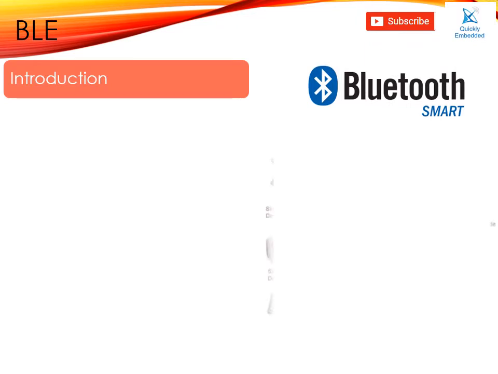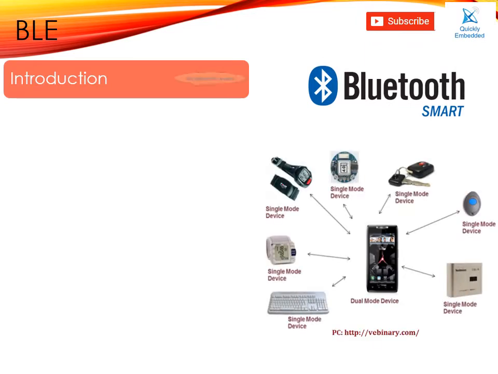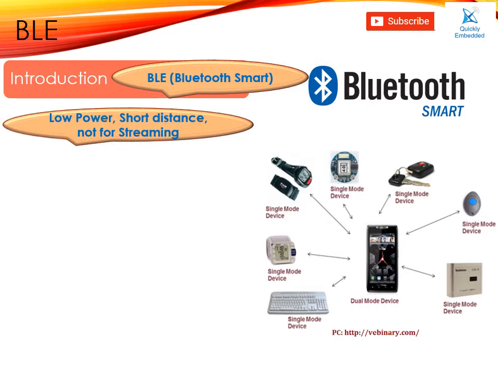BLE or Bluetooth Low Energy, formerly known as BT Smart, is a universal low-power wireless standard used for exchanging data over short distances from fixed and mobile devices like a smartphone or tablet.